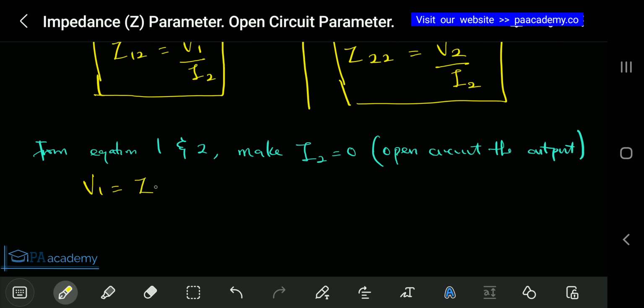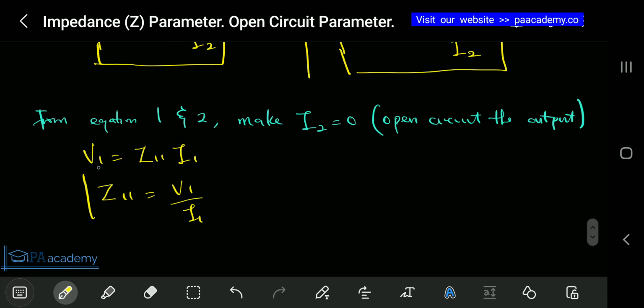If you make Z11 the subject of the formula, we have Z11 equals V1 over I1. Take note of this also.